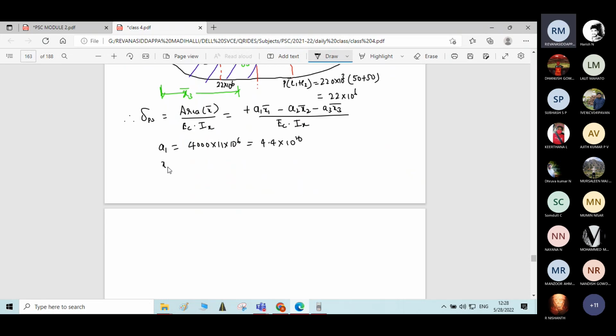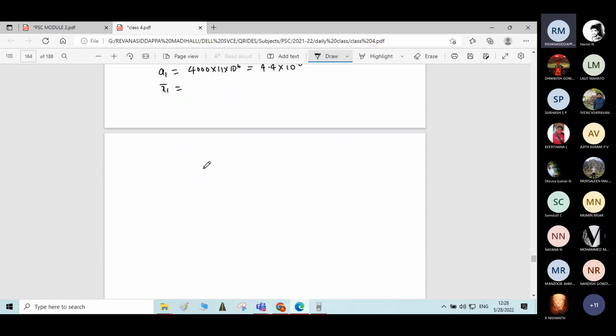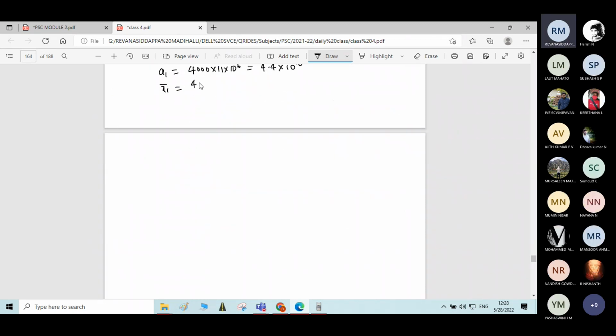Then x1 bar, which means the distance of the center of rectangle 1 from the nearest support. It will be 4000 divided by 2, which is 2000 mm.